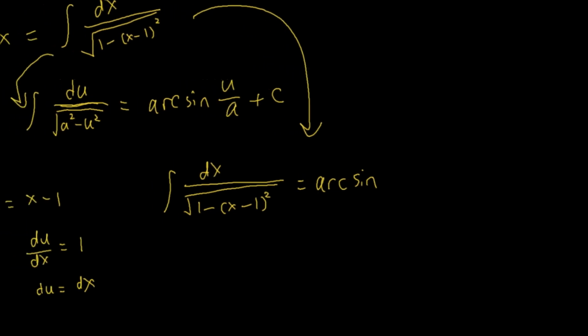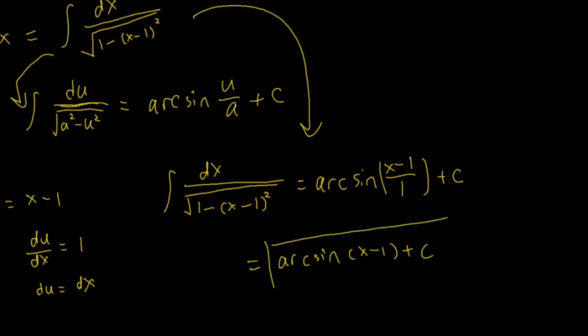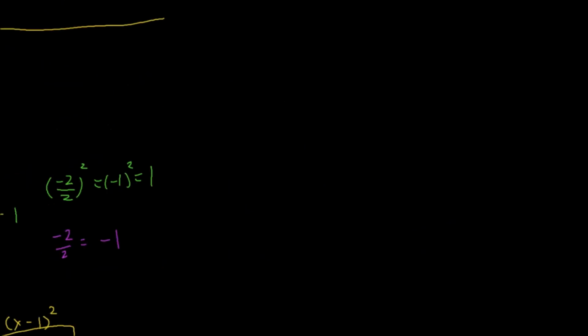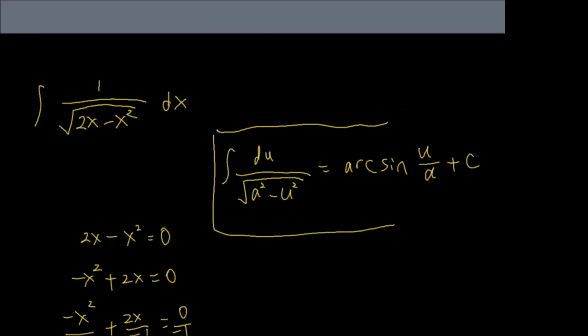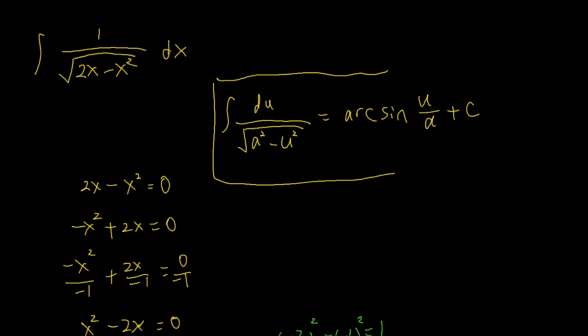So x minus 1 over 1 plus c, and x minus 1 over 1 is x minus 1. So this is arc sine of x minus 1 plus c. We're done. This is the integral for 1 over the square root of 2x minus x squared.